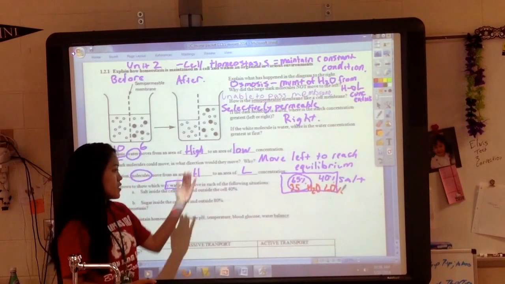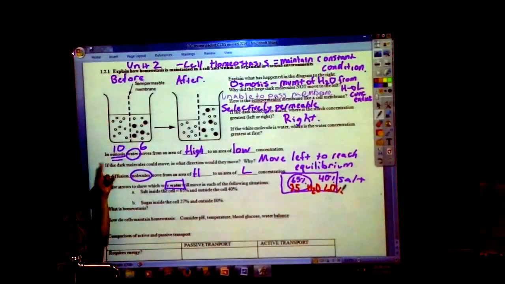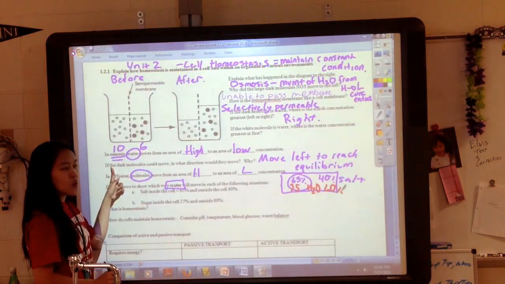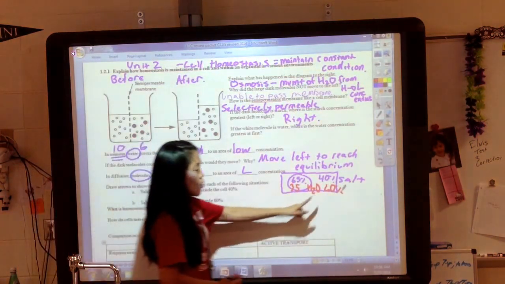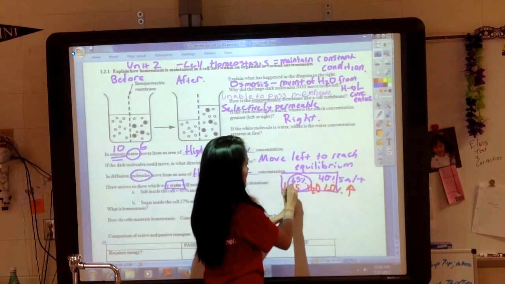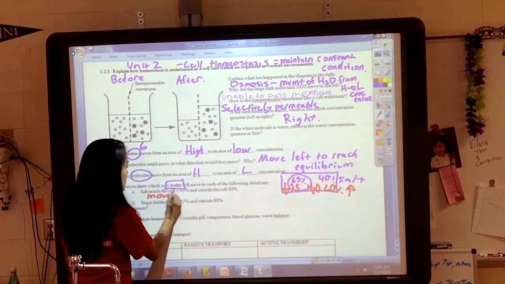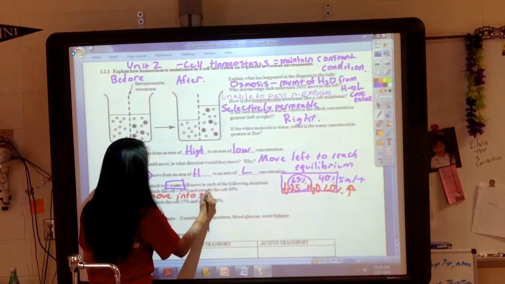So will water move into the cell or out? Remember, water moves through osmosis from high to low. Where is water higher? Water is higher outside the cell and lower inside the cell. And so water is going to move into the cell.